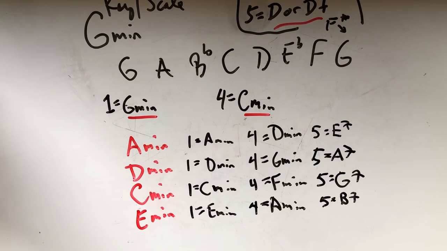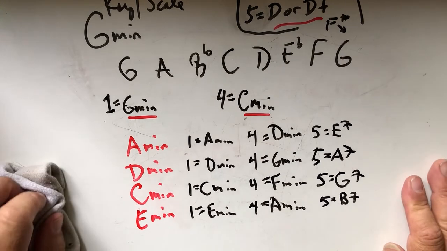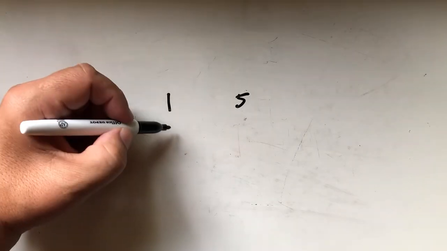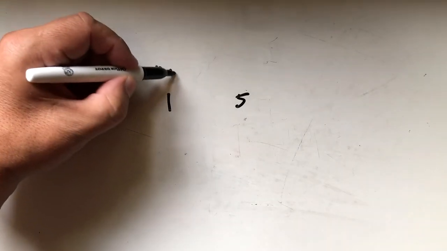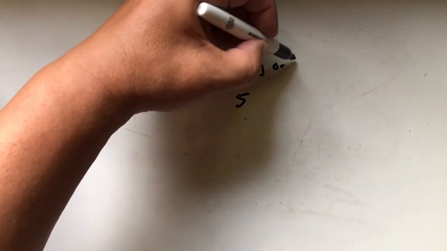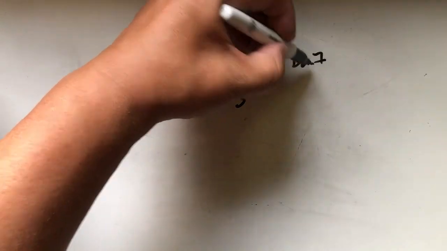Well, I think we look at what we learned about function, which is that songs love their 1 chords and their 5 chords, right? So 1 and 5. So it'll be minor in the minor key, and this will be major or dominant, right?